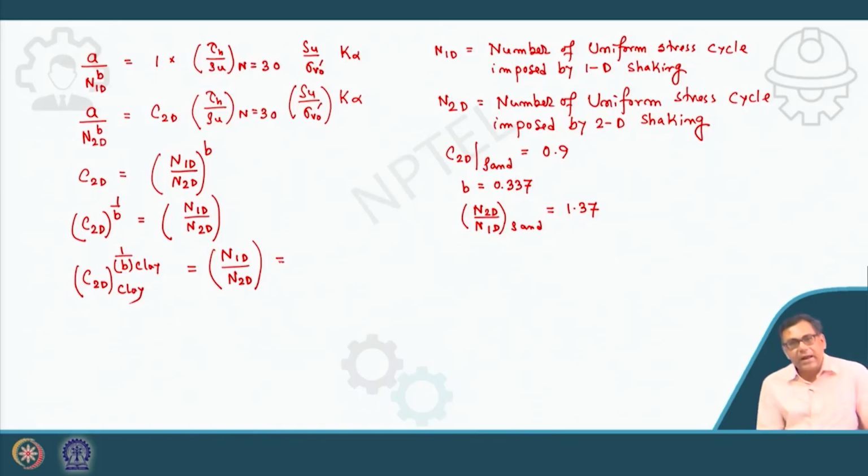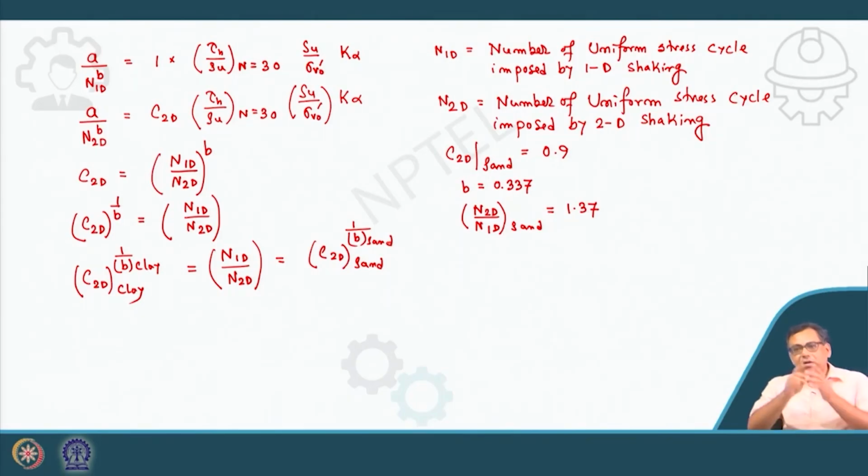Because N1D divided by N2D is basically C2D to the power 1 by B. So that expression is same for sand and for clay also; only the A, B values, C2D, and this ratio N1D by N2D will be different.